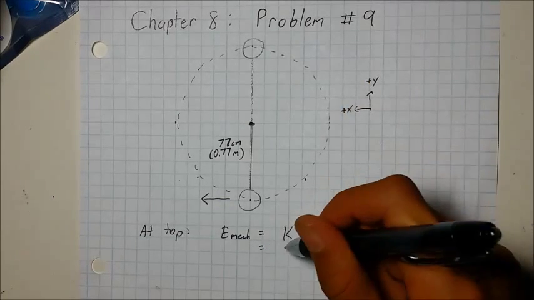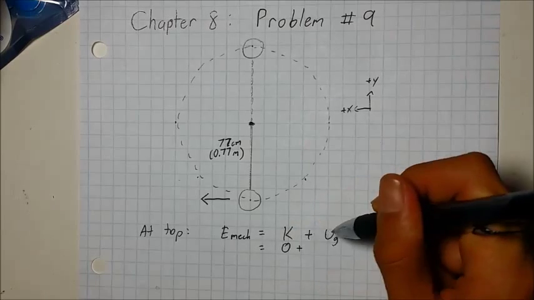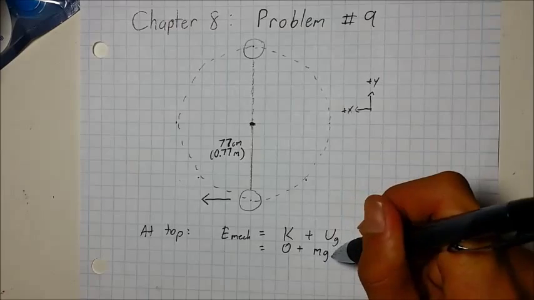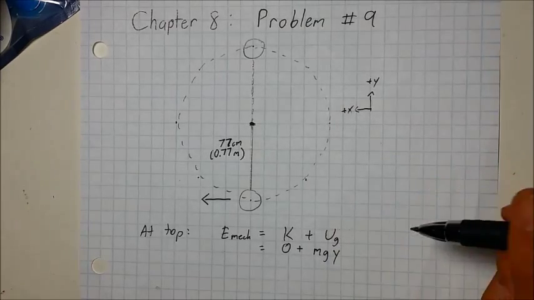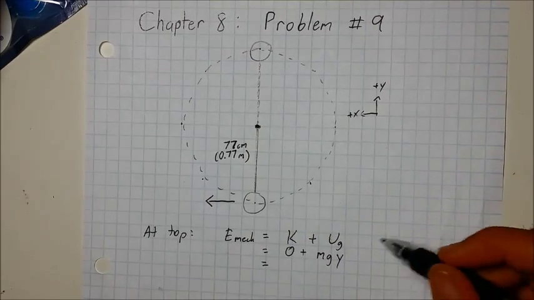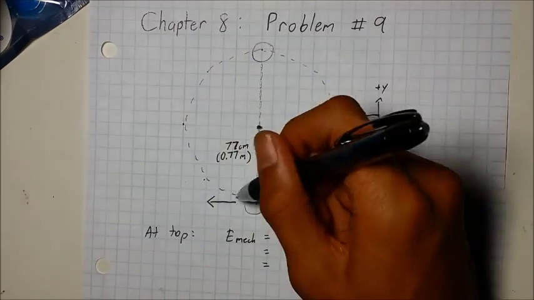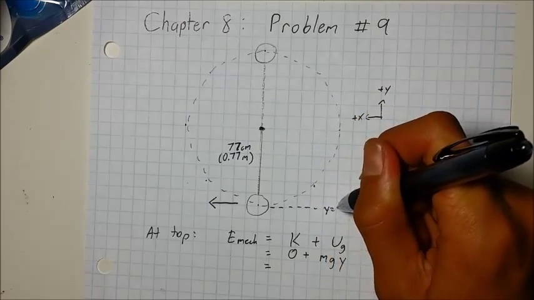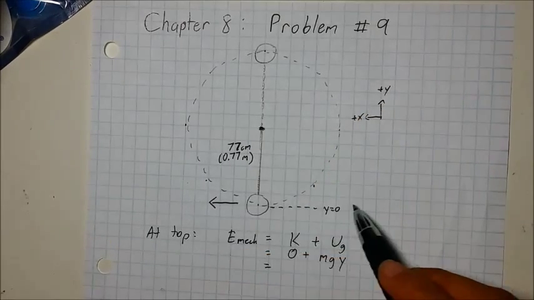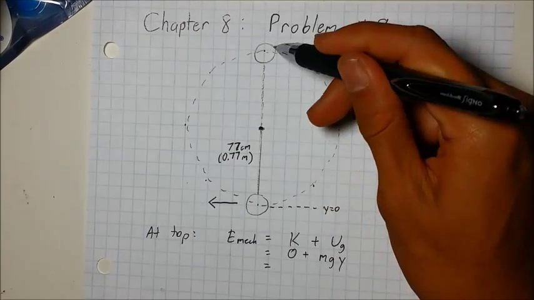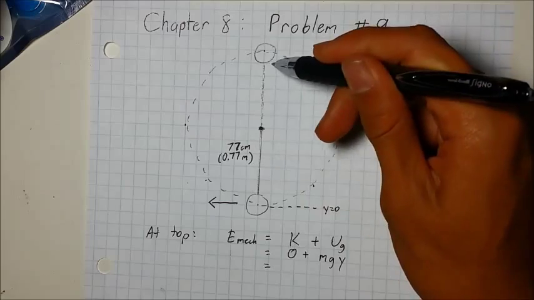So what we're going to do is plug in 0 for k, and then we can substitute mgy in for potential energy. Then we know y if we define this point as 0 at its lowest point. We know that y is the entire diameter of the circle upwards.